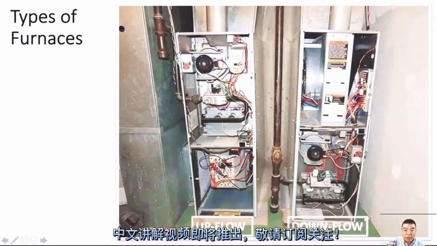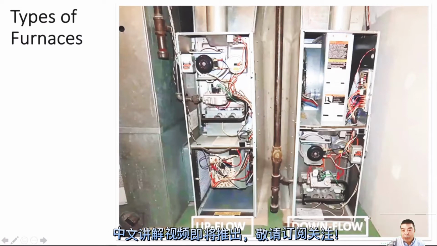The air goes through the filter and then blows up. And this area is the heating area. We can see the burner here, the gas valve, the inducer motor, and the pressure switch, and all the exhaust goes through this aluminum or steel chimney.